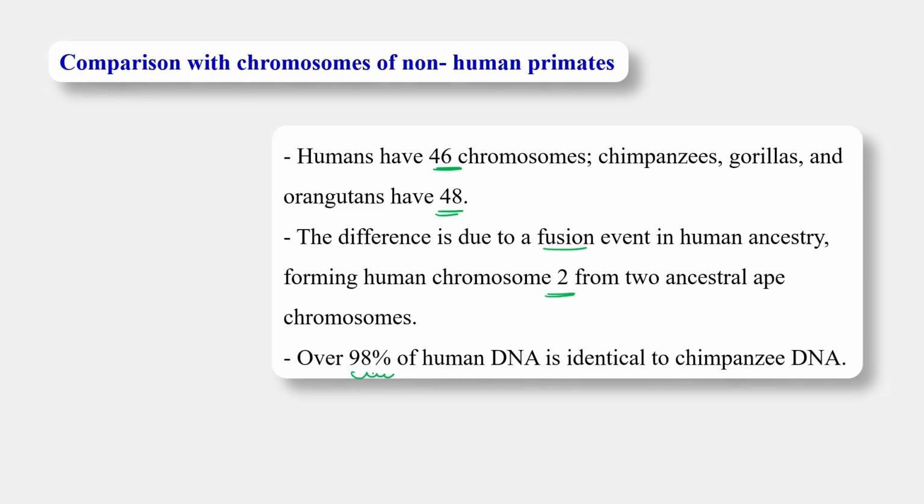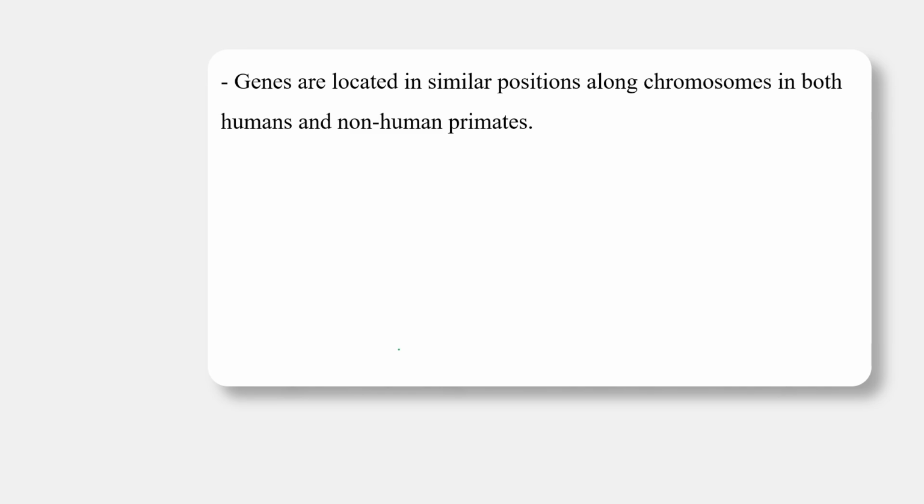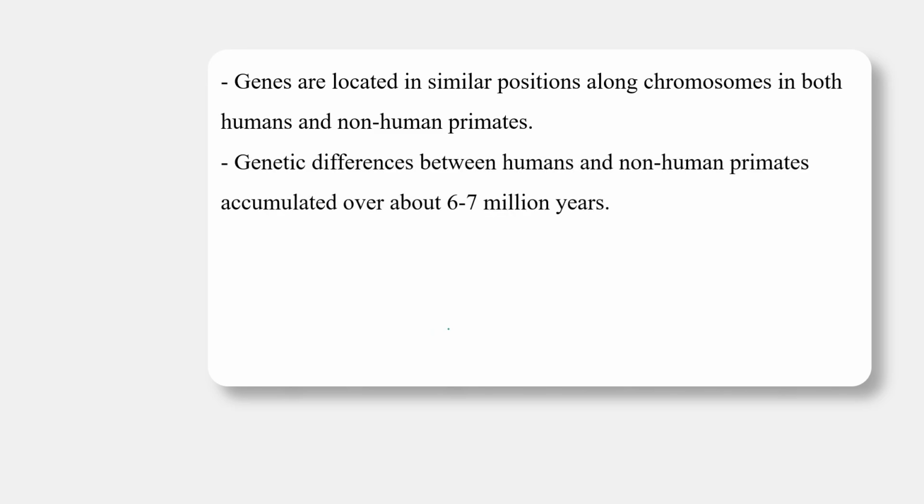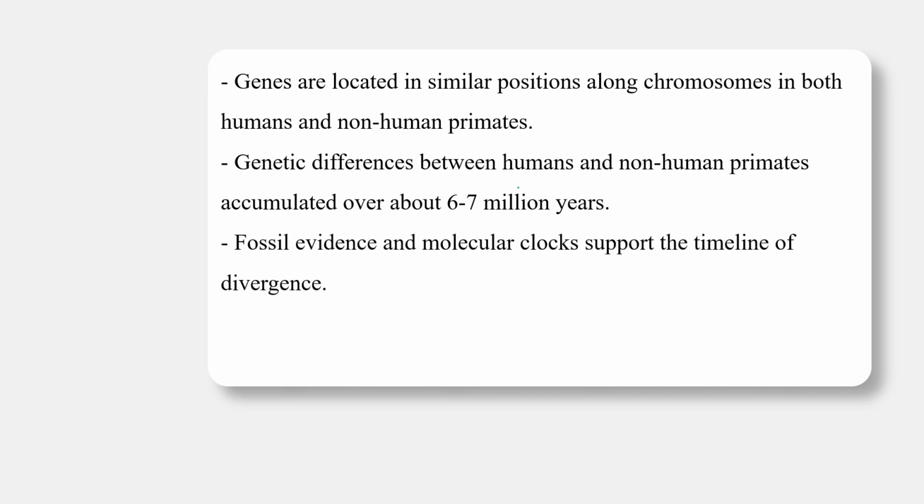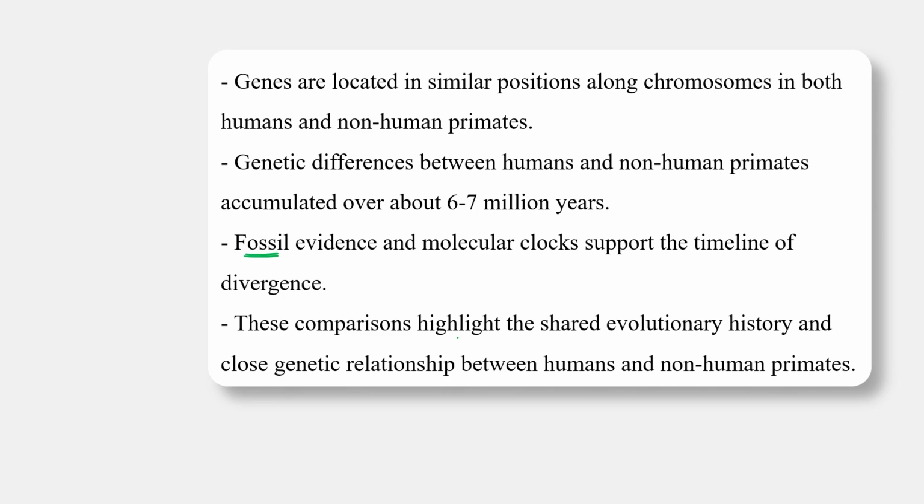Only 2% differs. Genes are located in similar positions along the chromosomes in both humans and non-human primates. Genetic differences between humans and non-humans accumulated over about 6 to 7 million years. Fossils also show evidence, and molecular clocks support the time of divergence. These comparisons highlight the shared evolutionary history and close genetic relationship between humans and non-human primates.